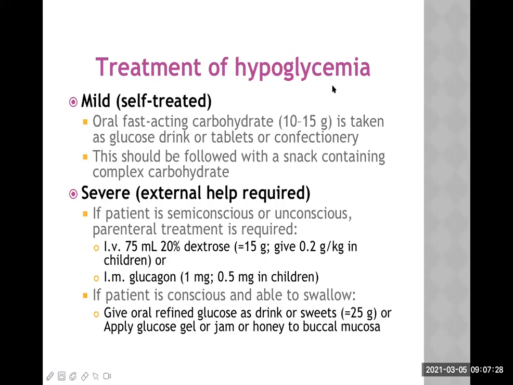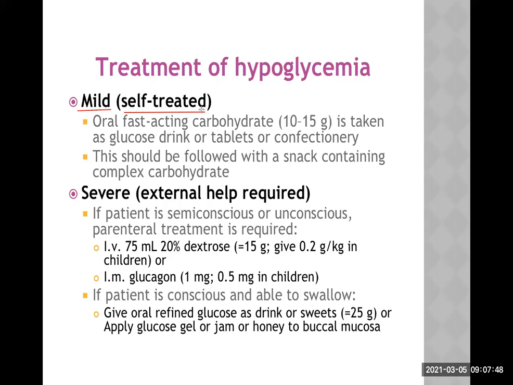Now, how to treat? There may be two situations here. One, when the patient has mild symptoms of hypoglycemia, the patient can treat themselves. Self-treatment is a possibility. So how to do that?